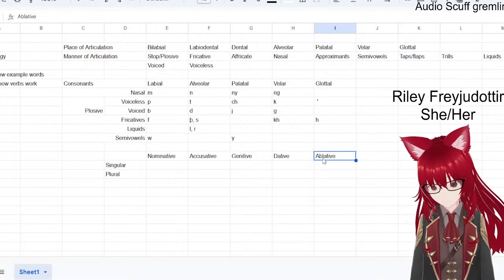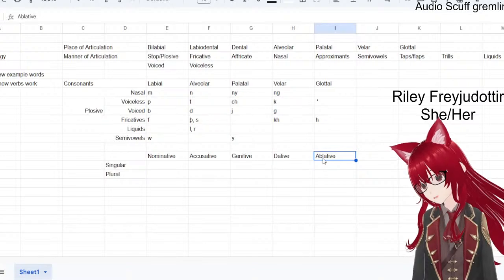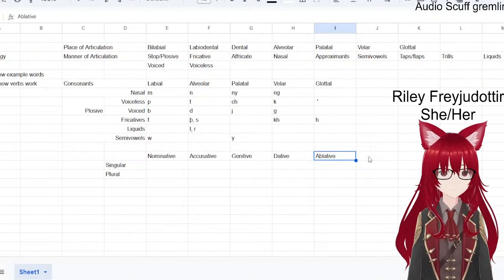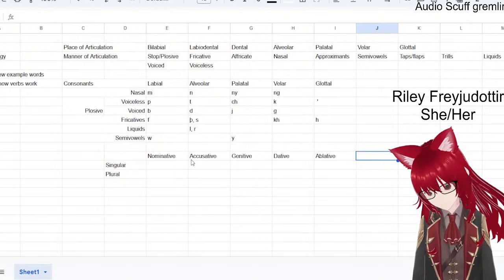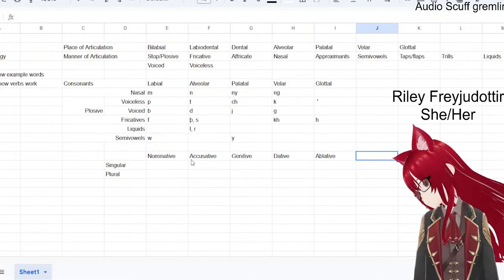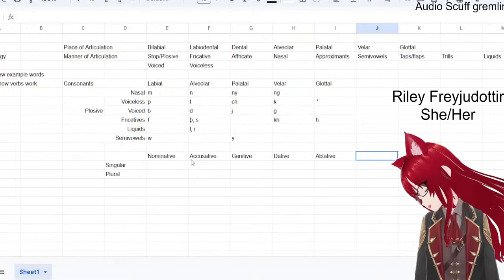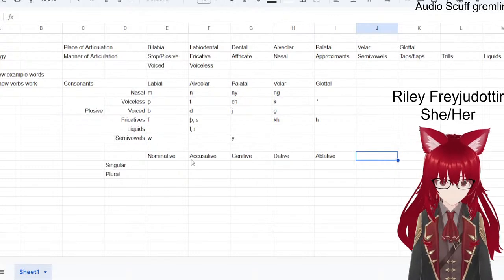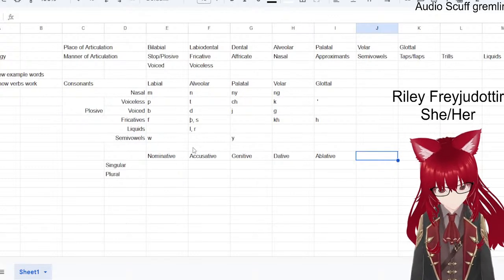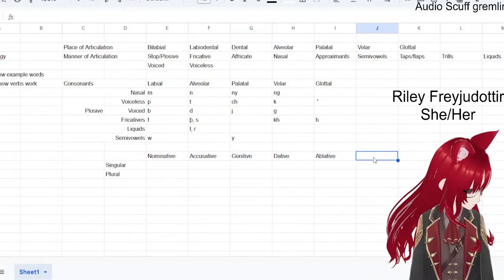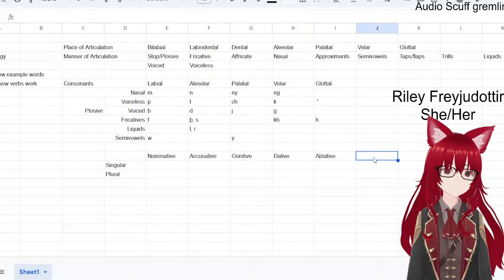It's similar to Latin cases, although Latin also has the vocative case, which we're not going to have, and rarely, but sometimes has a locative case. Vocative is when you're addressing something by name.